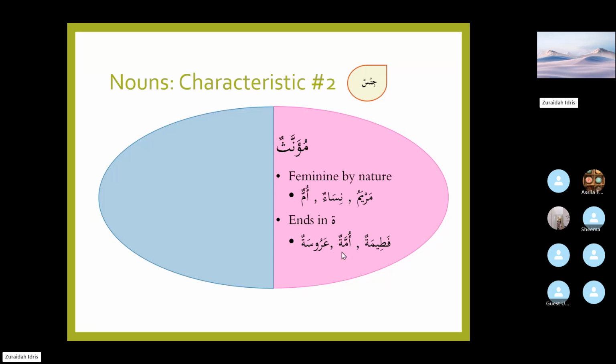Now this is different from what we call isim jins, which is almost like this as well. Isim jins is when it is a particular kind or category. Like Sajarah Tayyibatun, that means the good tree.